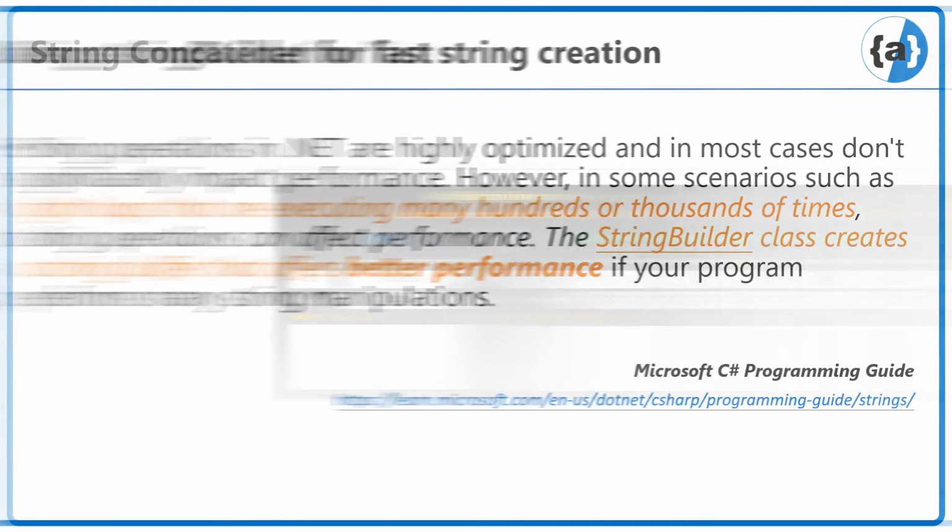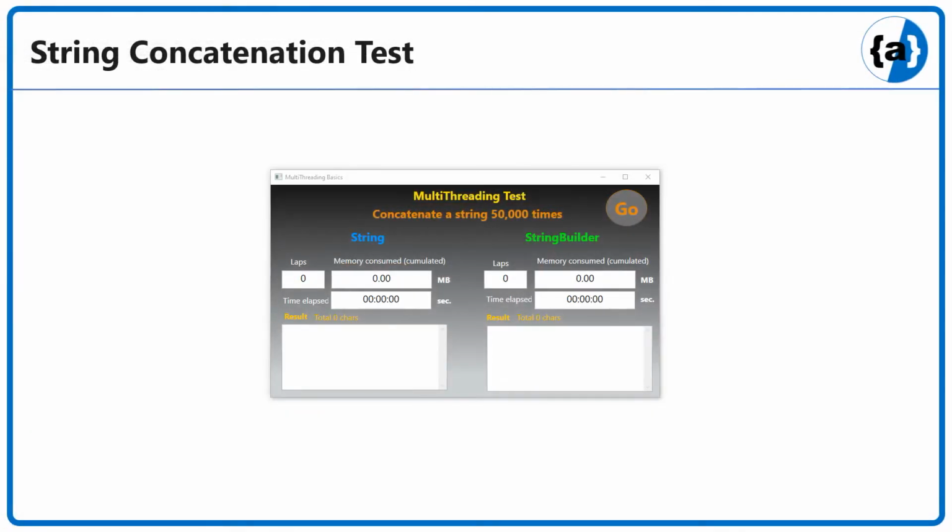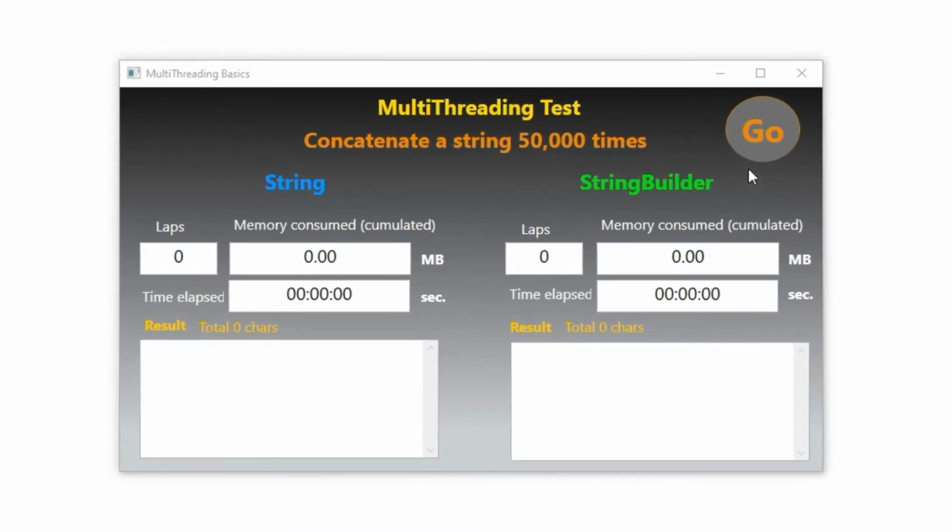Why does that happen? Before I explain what's really going on, let's take a look at a quick demo. In this demo, I'm going to run a loop to concatenate a string as well as a StringBuilder 50,000 times. Okay, let's go.